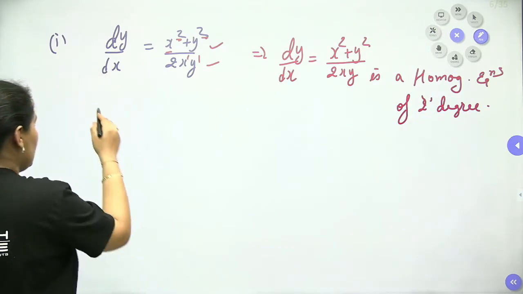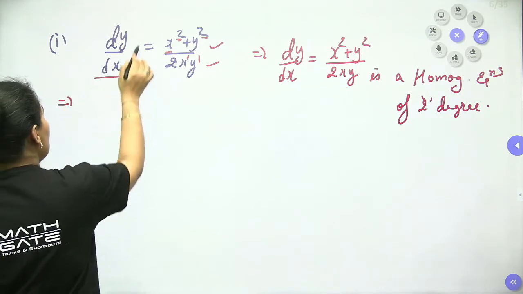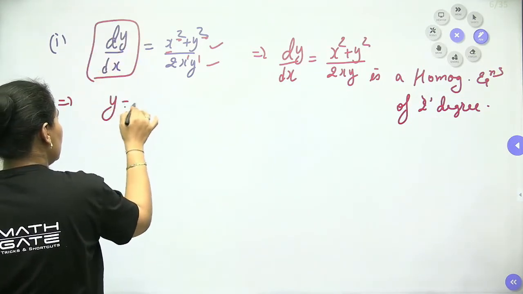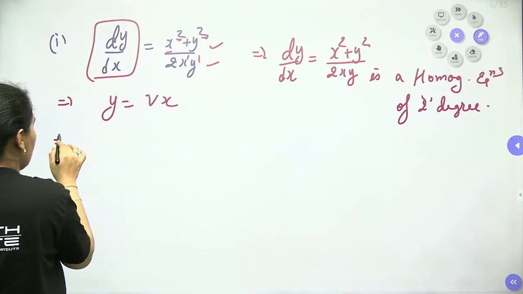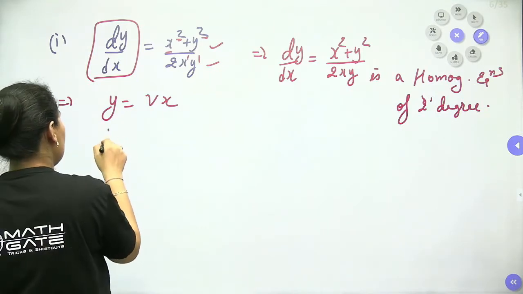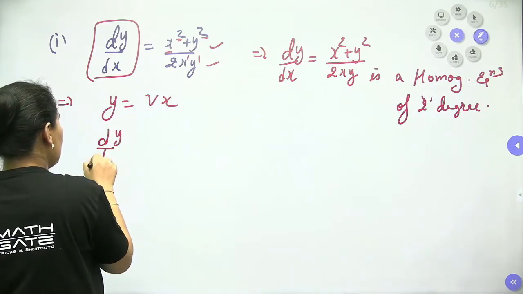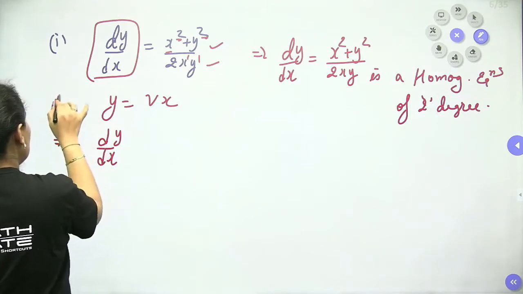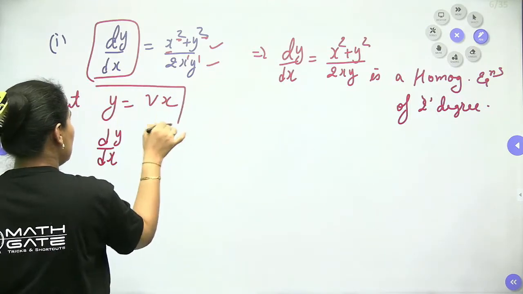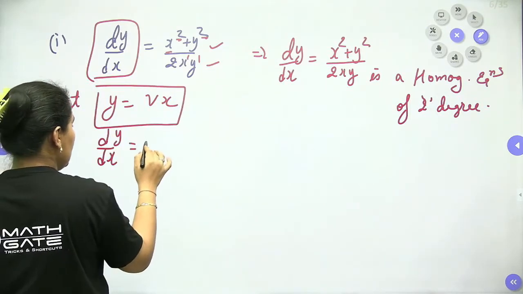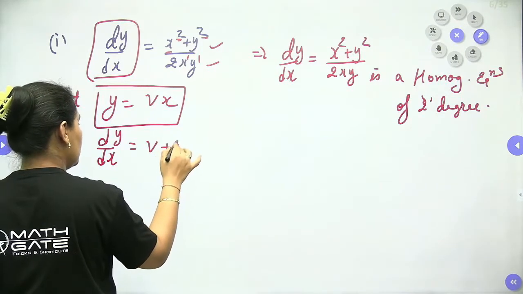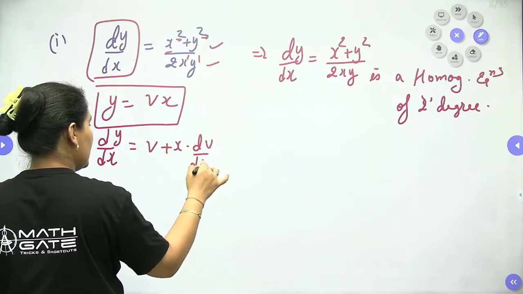Now let's approach. So here we have dy by dx form. It means we should go with y is equals to vx. When we put y is equals to vx, it will be dy by dx is equals to v plus x dv by dx, dear students.